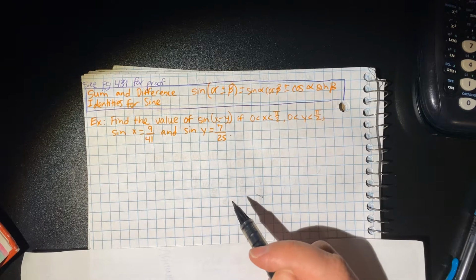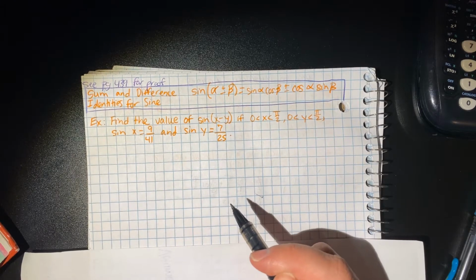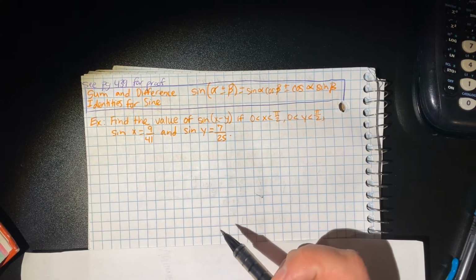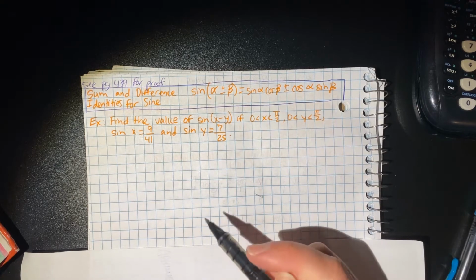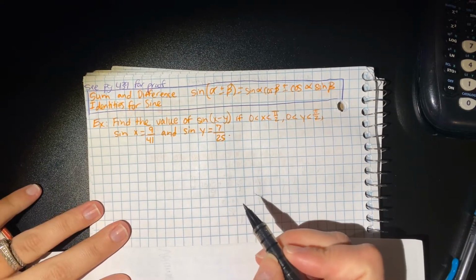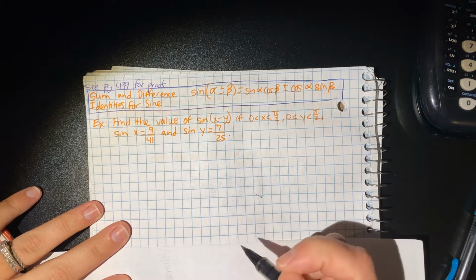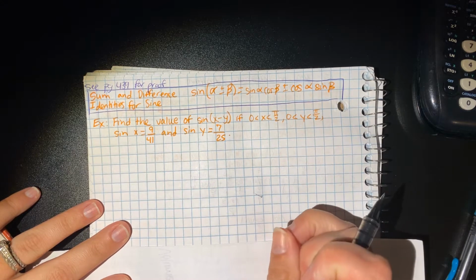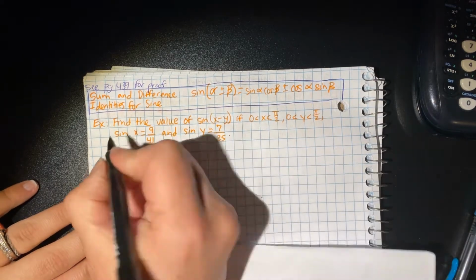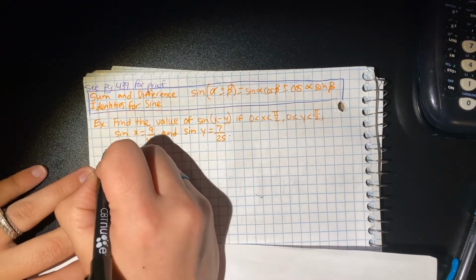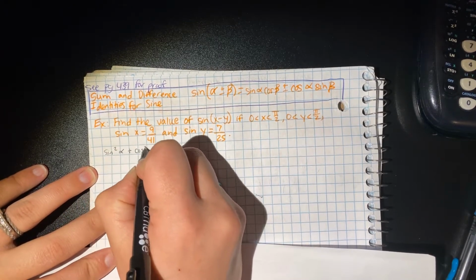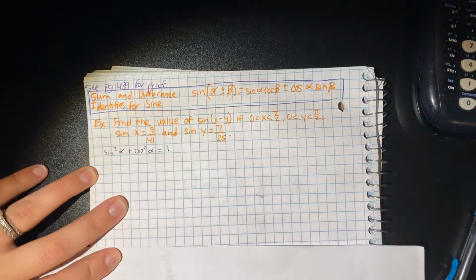So we need to then find out what the cosine of x and the cosine of y are going to be. What we can do is use the Pythagorean identity: sine squared of alpha plus cosine squared of alpha equals 1.